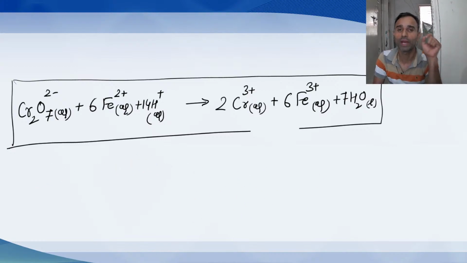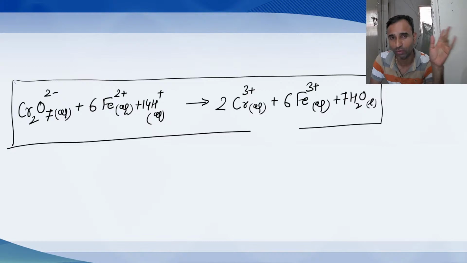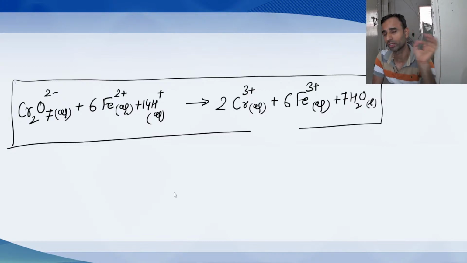So these are the two methods to balance the equation, and there is always at least one question of 2 marks to balance the equation. That's why I took so much time to explain how to balance the equation. Yes, beta, did you understand? Okay.